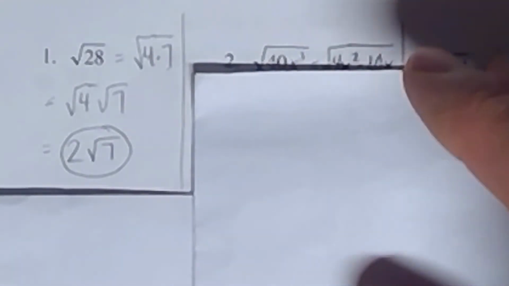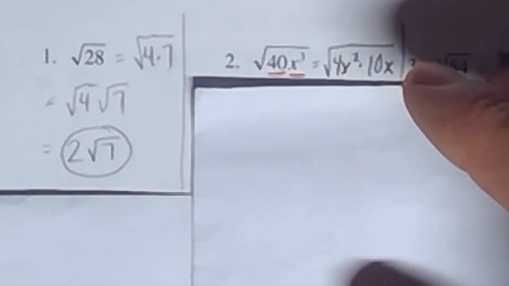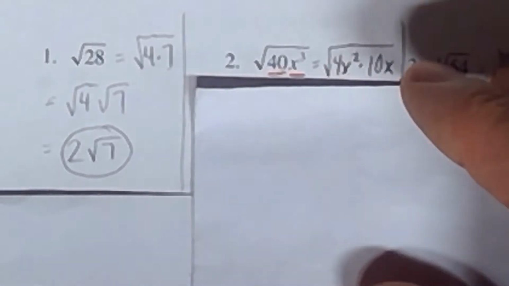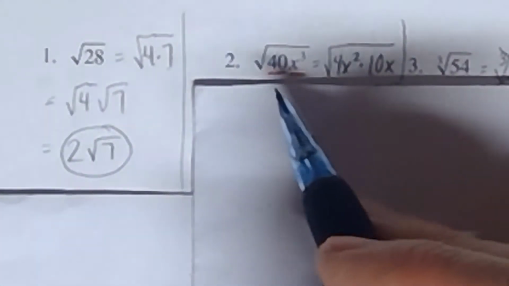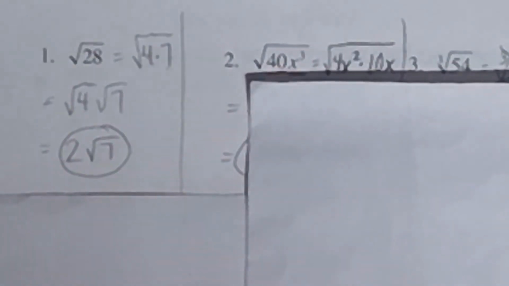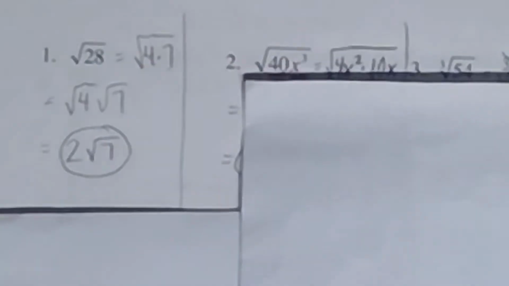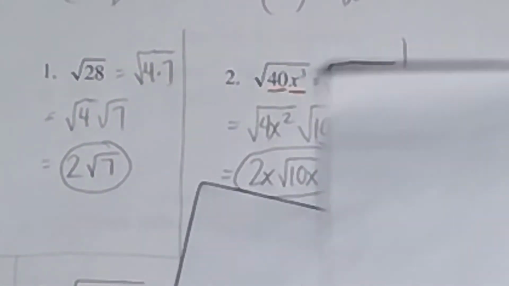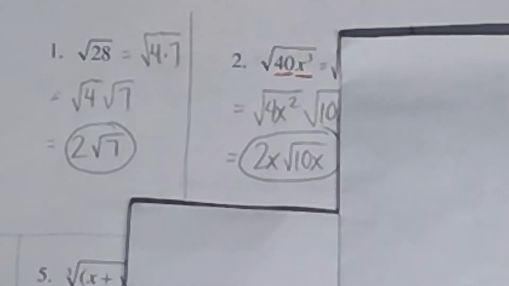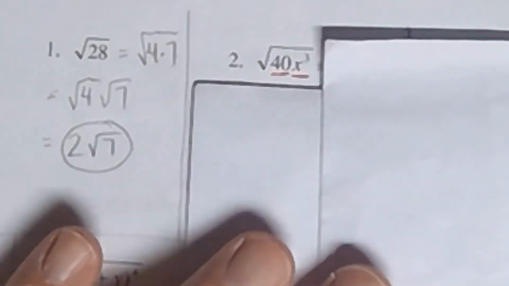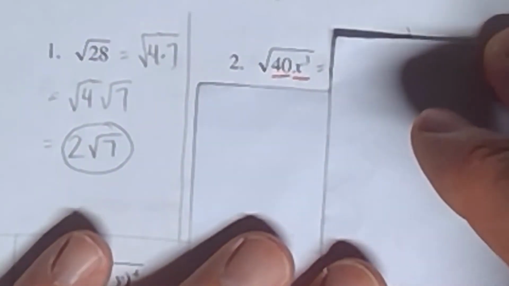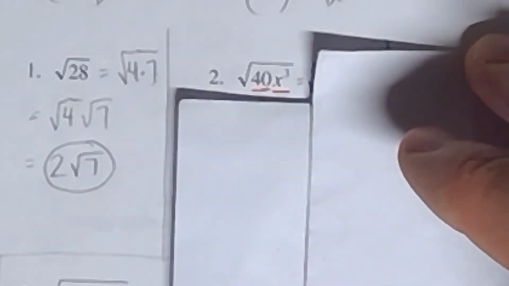It won't be completely simplified if you don't pick the largest stuff from the list for each coefficient and for each variable. So I just want to make sure that we understand how important it is not to just pick anything that works, but to pick the largest thing from the list that is actually a factor.